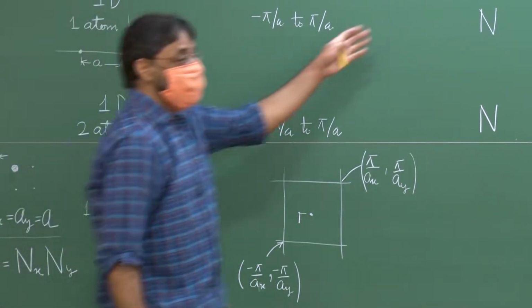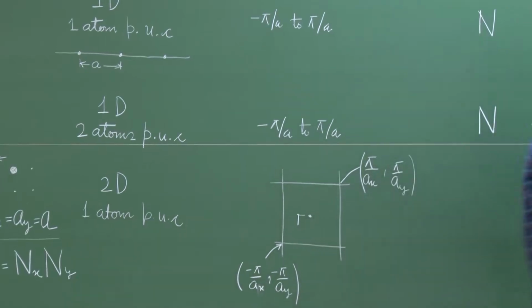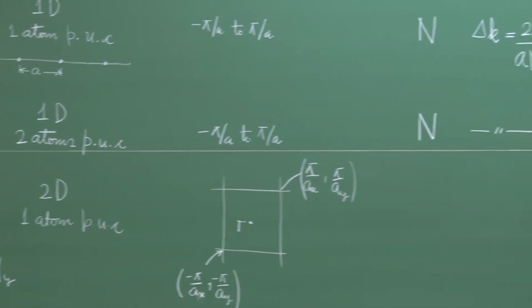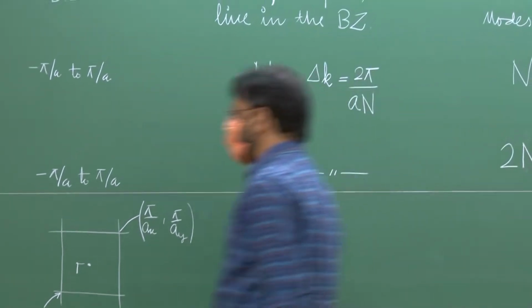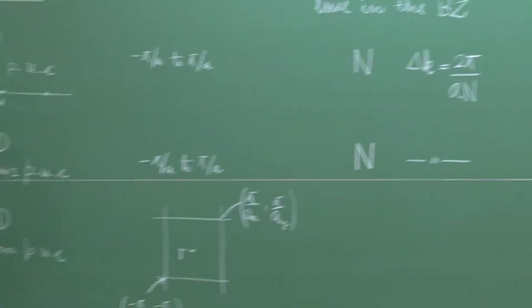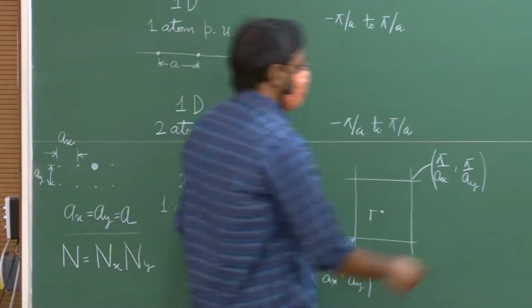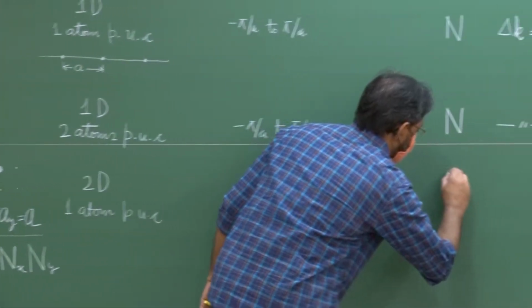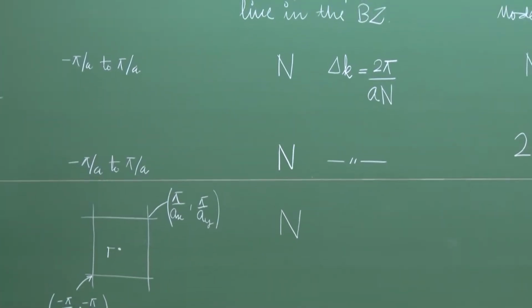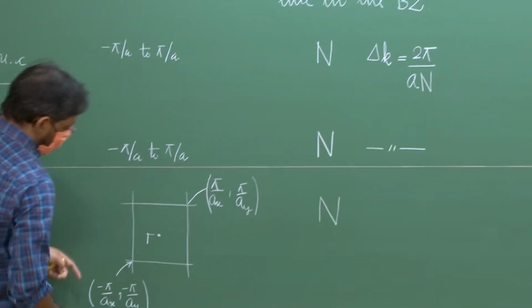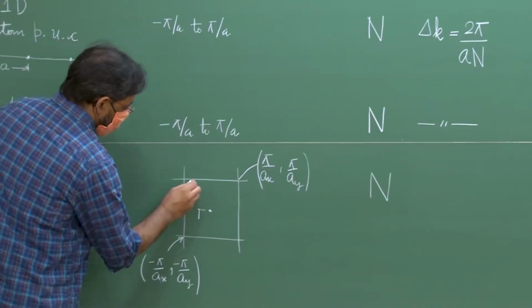So how many k points will there be? The number of k points is not going to change, because that is determined by the number of lattice points. So the number of k points is still n. And what about the spacing between the k points?